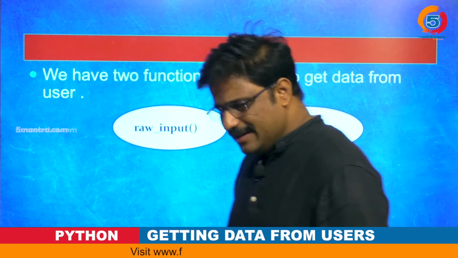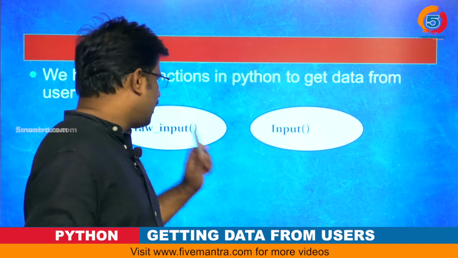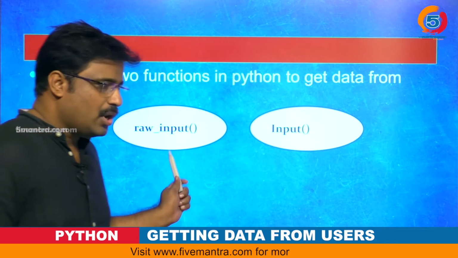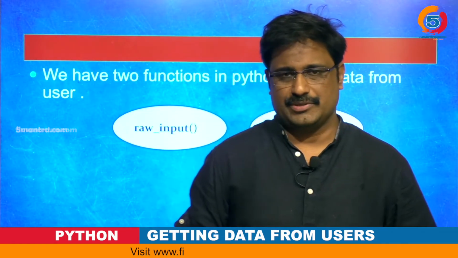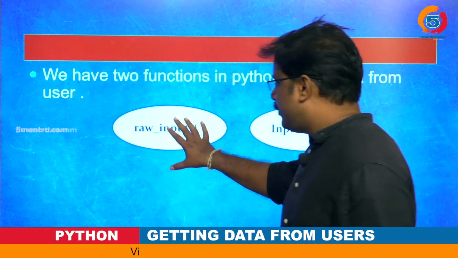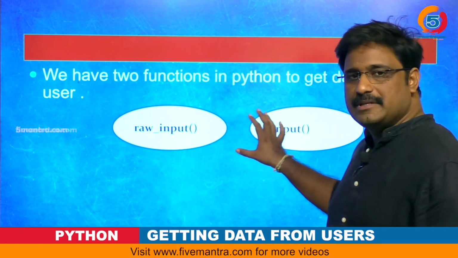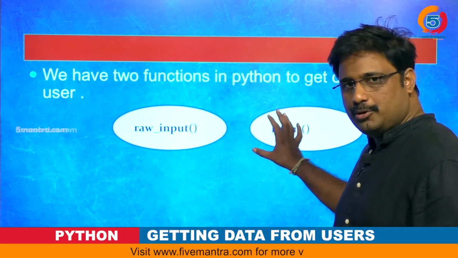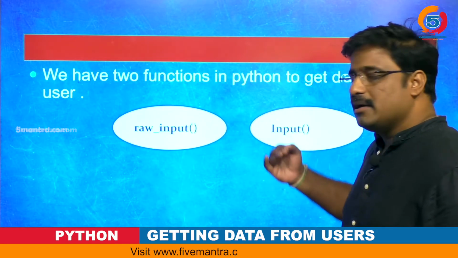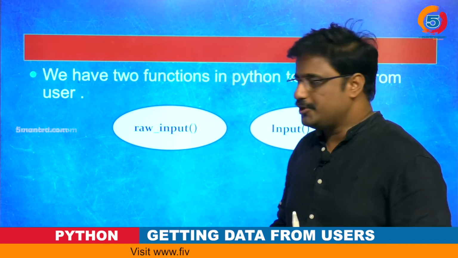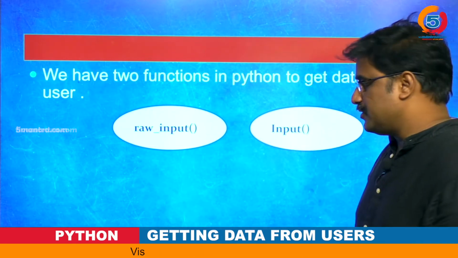If you go through any documentation, you will see these two, but raw_input is deprecated in 3.0 versions. It is available in Python 2.x versions, but if you go with 3.x versions, only the input function is available.